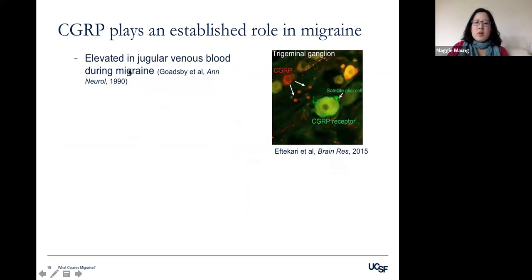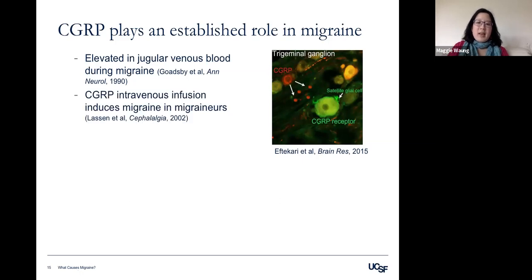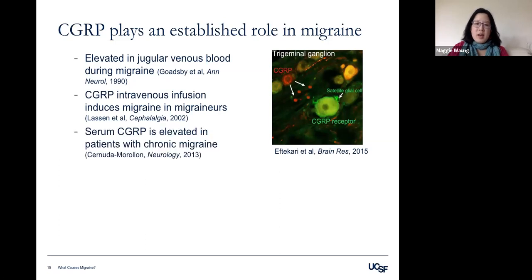Many years ago, Dr. Goadsby found that CGRP is increased in blood during a migraine attack. And if we just inject people with CGRP, that will precipitate a migraine attack itself. So that's enough to cause that. And then people who have chronic migraine all the time, even if they're not having an attack, they still have increased CGRP.